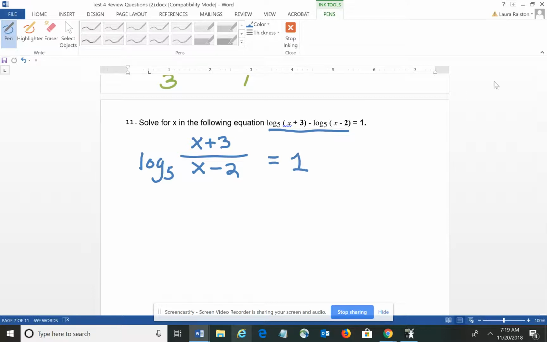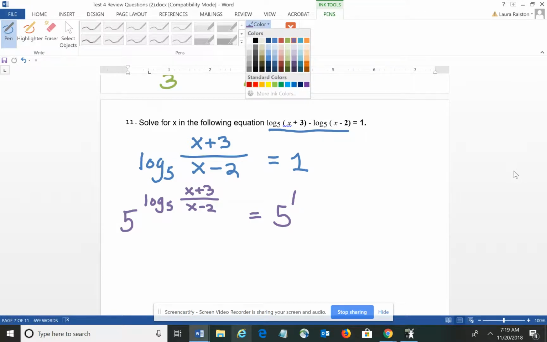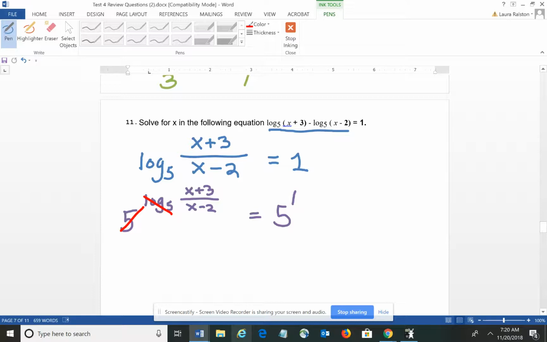Then to solve that, we need to undo the logarithm. To undo the logarithm, we're going to raise it to the 5th power. So we would have 5 to the log base 5 of x plus 3 divided by x minus 2 equals 5 to the 1st. Again, remember that log base 5 and exponential base 5 will cancel off because they're inverses.